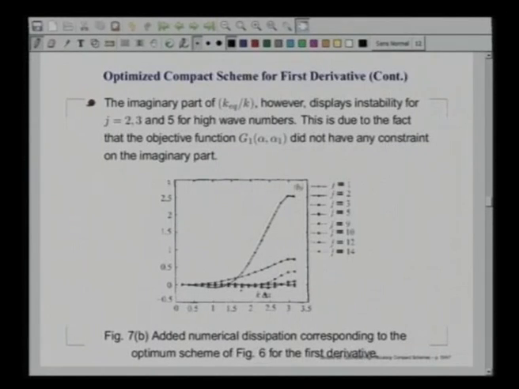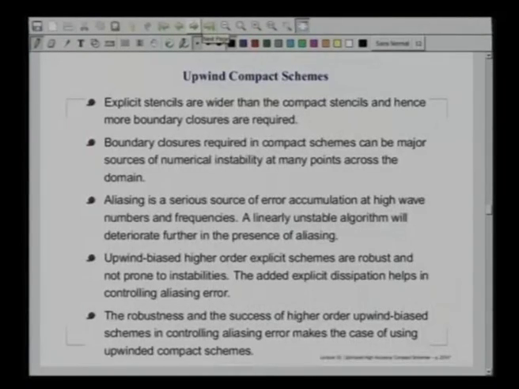Because you see, what we are looking at here is only the spatial derivative part. We have not talked about any equation, we have not talked about time discretization. It is just simply the role of spatial discretization itself that can lead to stabilization or destabilization. And here we are looking at a scenario where the spatial discretization can actually lead to instability. Okay. So, this is not something we want, and this happened because our original scheme was a central scheme.